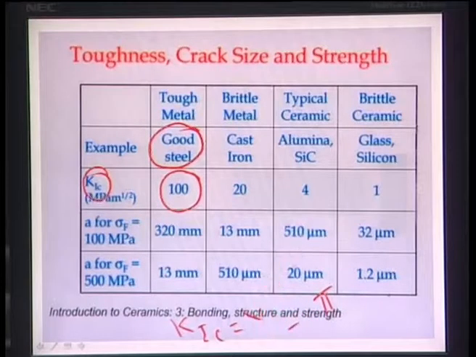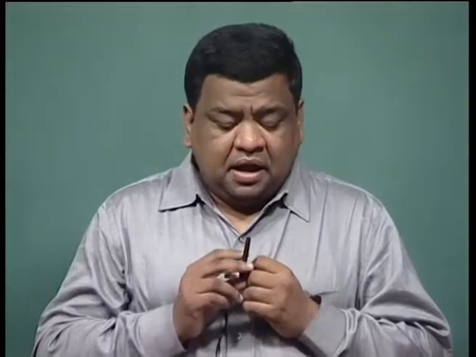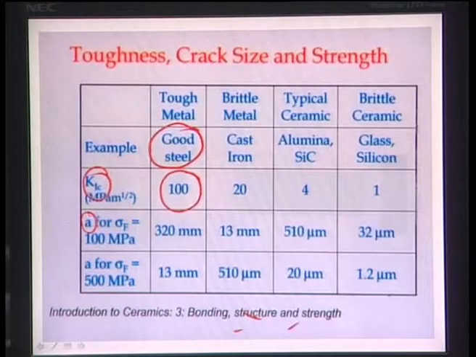If the K1C is 100 MPa square root meter and the fracture strength is 100 MPa, then the crack length that can be tolerated is 320 millimeter. 320 millimeter is a very large crack length, and if the material has any size less than 320 mm, that means the material is safe.